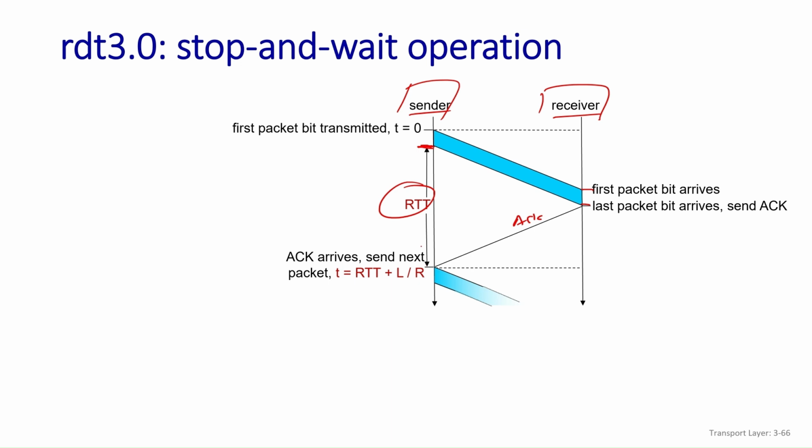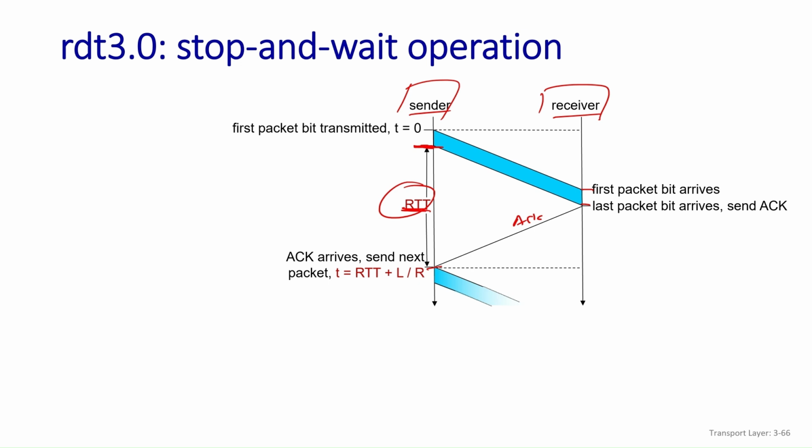So this is where we finish transmitting the packet, and this is the time when we received its acknowledgement, and the time to send a packet and to receive its acknowledgement is known as RTT.